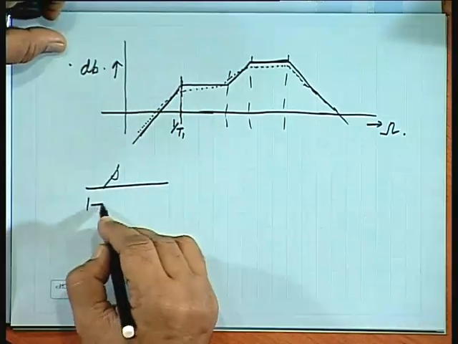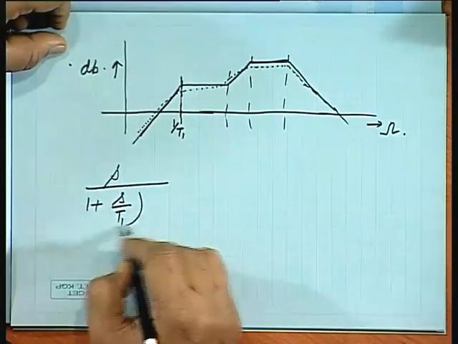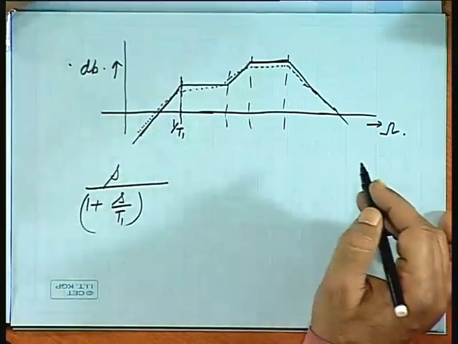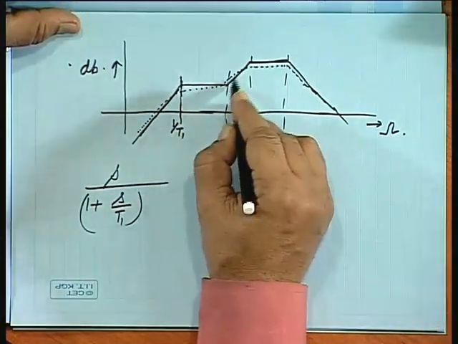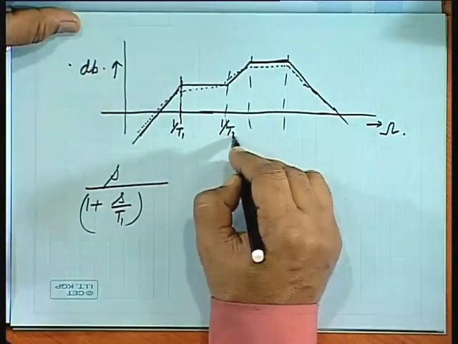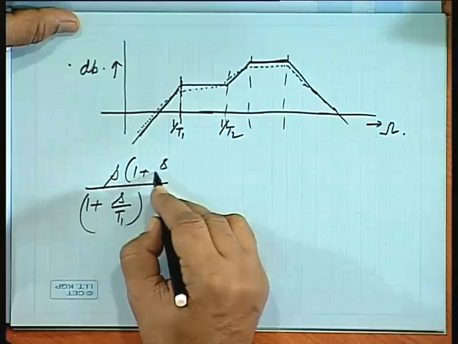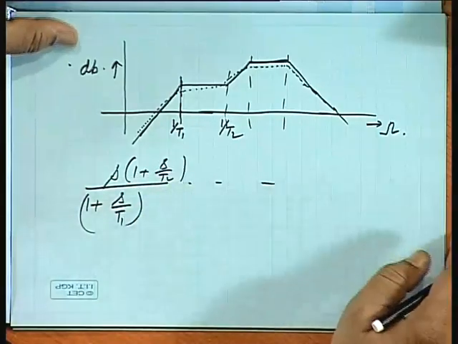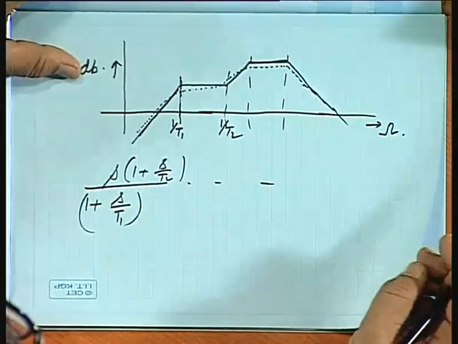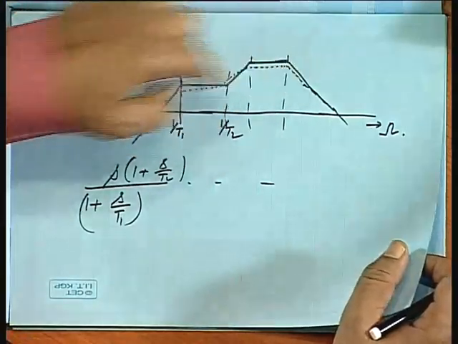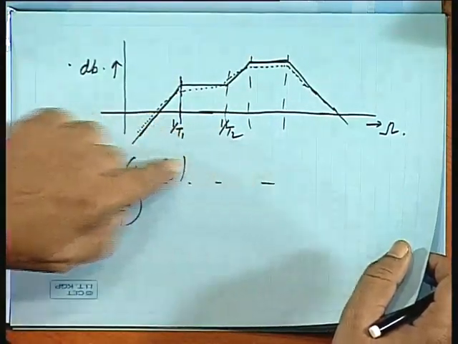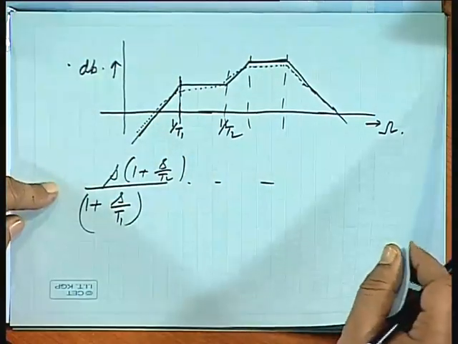That will appear as 1 by 1 plus S T1, or B1, whatever you call it. Similarly, here there is a rise. So, 1 by T2 will appear as 1 plus S T2 and so on. This is how you realize from a Bode plot. From the sketch you can realize the network function or the gain function, the system transfer function.